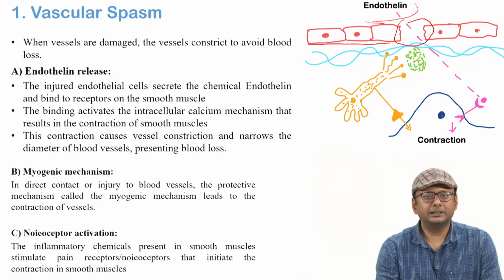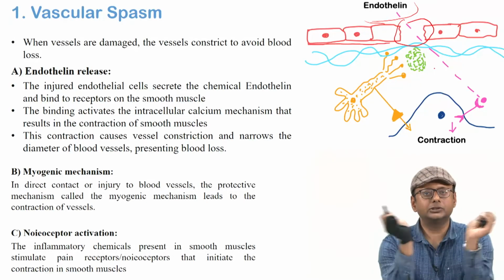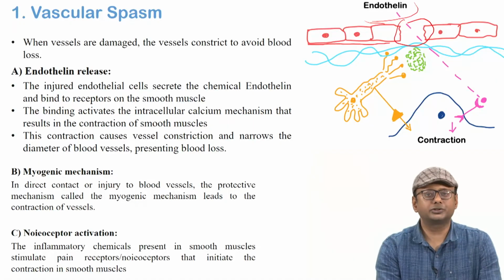It participates in different mechanisms. For example, endothelin can activate smooth muscle contraction. By activating the smooth muscle contraction, it will pull up these two sides of the injured area and cause vasoconstriction. Once this vasoconstriction is initiated, the blood loss becomes restricted.